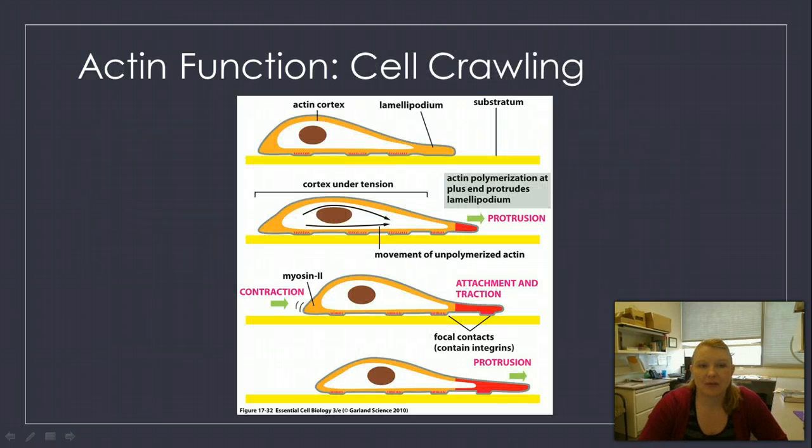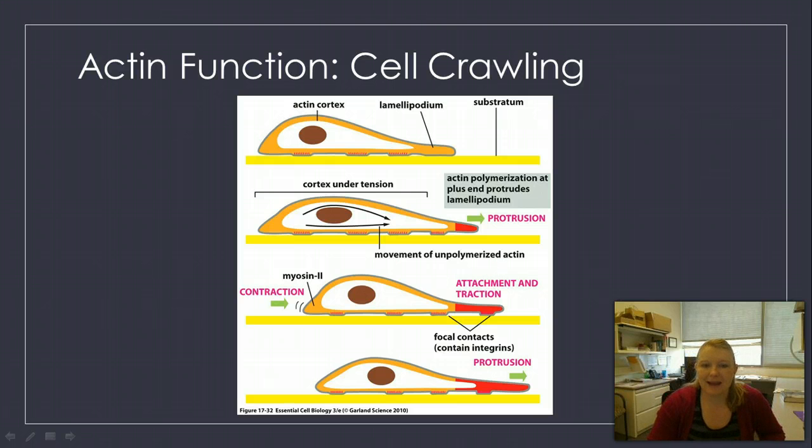So here's an example of cell crawling. There are 3 main steps to cell crawling, and these are all supported by actin like I just talked about. The first is the polymerization of the lamellipodia, and you can see that here on this picture. It starts to stick out a little bit, and that forms the protrusion.